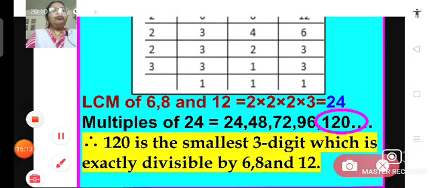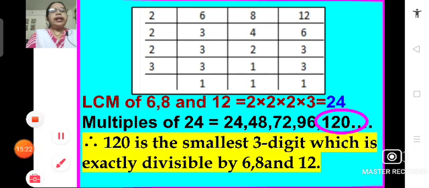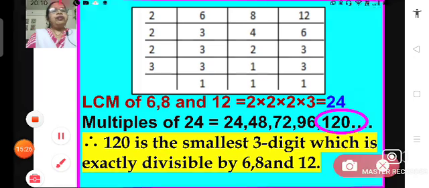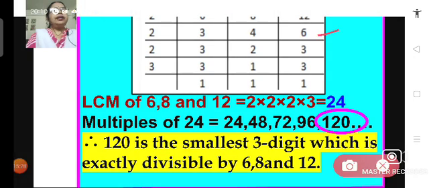We start dividing by the smallest prime number, that is 2, and we get 3, 4 and 6 in the next row. Then again 4 and 6 can be divided in this row by 2, so we get 3, 2 and 3 in the next row.